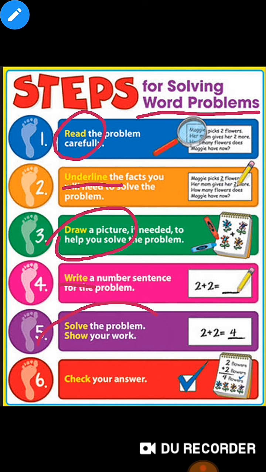Then solve the question. Solve and also show your working. And finally, you need to check your answer. This is a very important step, children, because once you check the answer, you get the confidence that yes, my answer is correct.